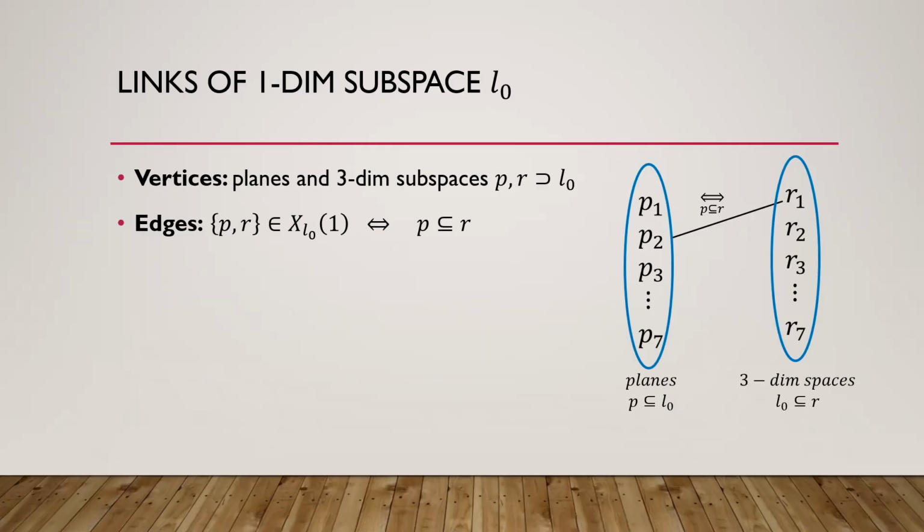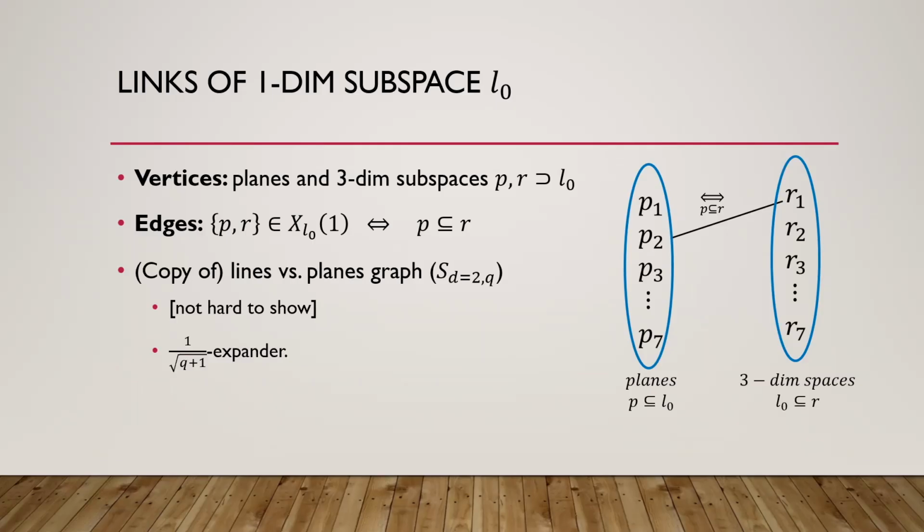And if you know something about quotient spaces, then it shouldn't surprise you that this is also a copy of a lines versus planes graph. So this is not too hard to show. I don't want to go over it, but in any case, somehow links of lines also have this nice recursive structure to them. So we see a spherical building of dimension 1 less here. And in particular, this is also a 1 over square root q plus 1 expander.